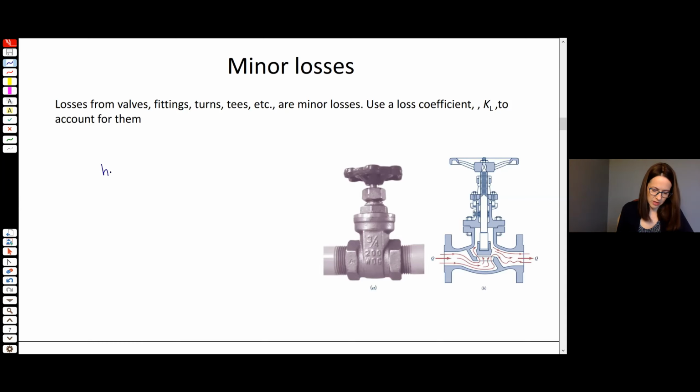So the minor losses can be written in terms of a loss coefficient K sub L. All right, and this is the other really important equation that we're going to use all the time. It's 8.36. And K sub L is a function of both the geometry and the Reynolds number.